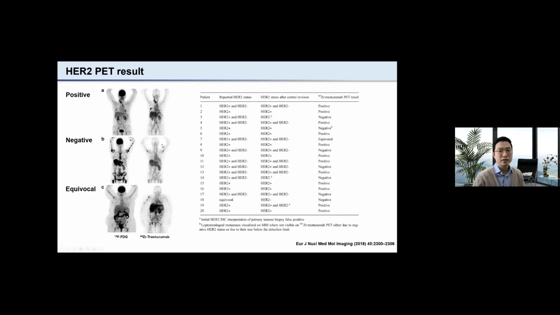There is no clear description about the positivity and negativity in the manuscript, but I think if the majority of the lesions are positive on HER2 PET, then it is positive, and if the majority is negative, then it will be negative, and if HER2 positivity is found in a very limited number of metastatic lesions, then it would be an equivocal finding. And then 19 patients were not equivocal according to the PET imaging.